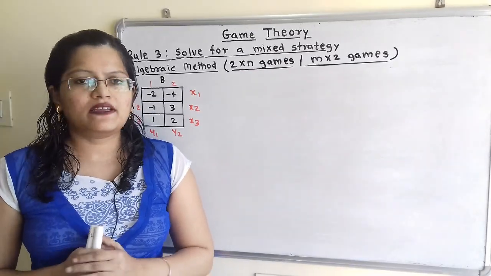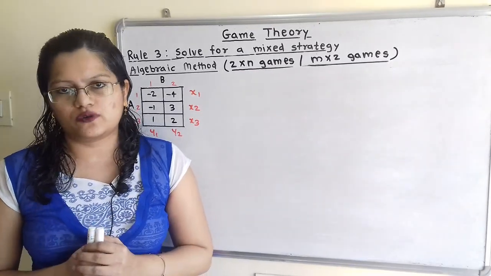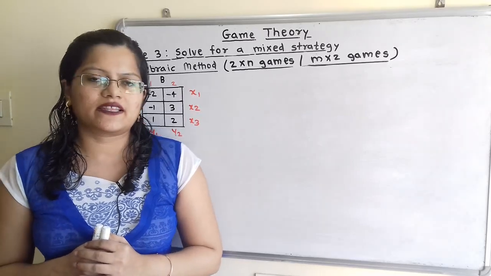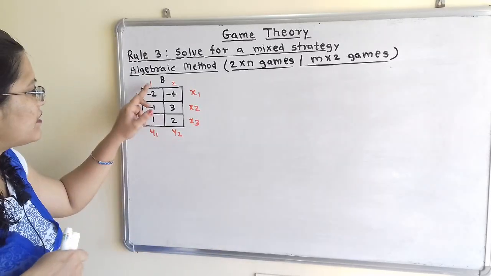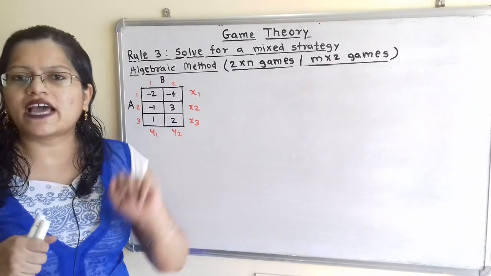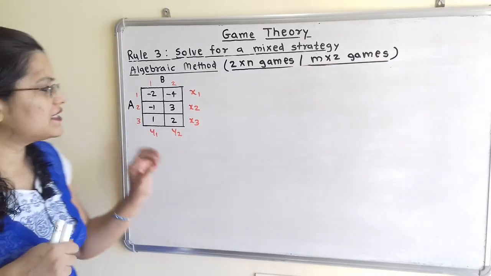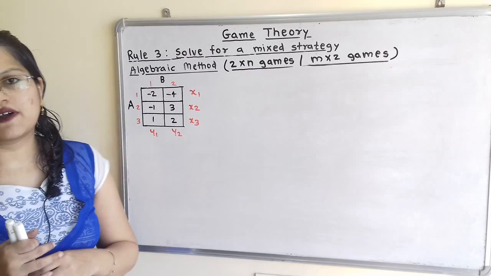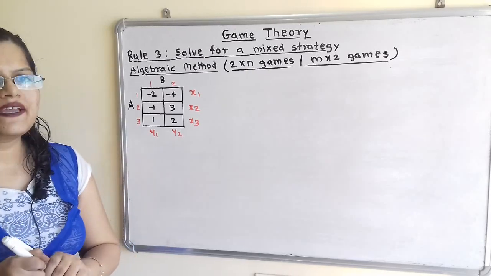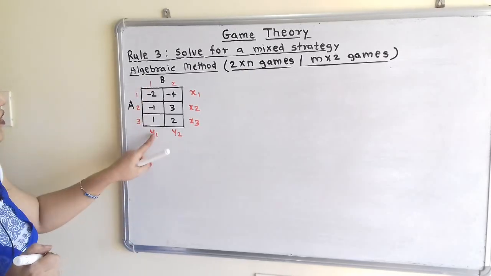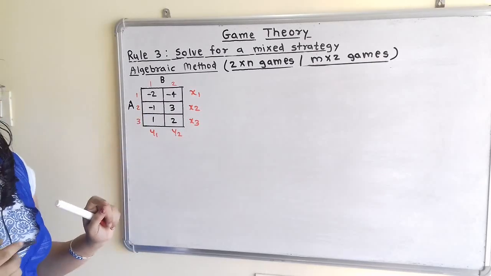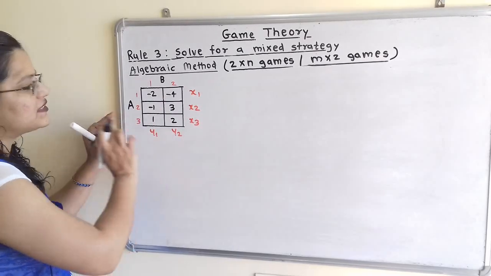Now we will apply the theorem here to find out the solution. According to this theorem, we have to show the equation in terms of x greater than v, then the frequency related to that is equal to 0. So we will apply it to the first column, all the elements in the first column. For the first column, the frequency is y1.